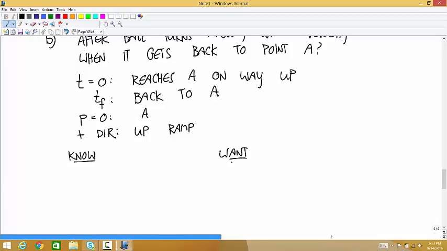No, we don't care. Do we know acceleration? Yes, we have to use the fact that it stays the same the whole time, and it does. Negative 8 meters per second squared. Do we know the initial position? 0. Do we know the final position? Yes, 0. 0 again. Anybody have any questions about that?